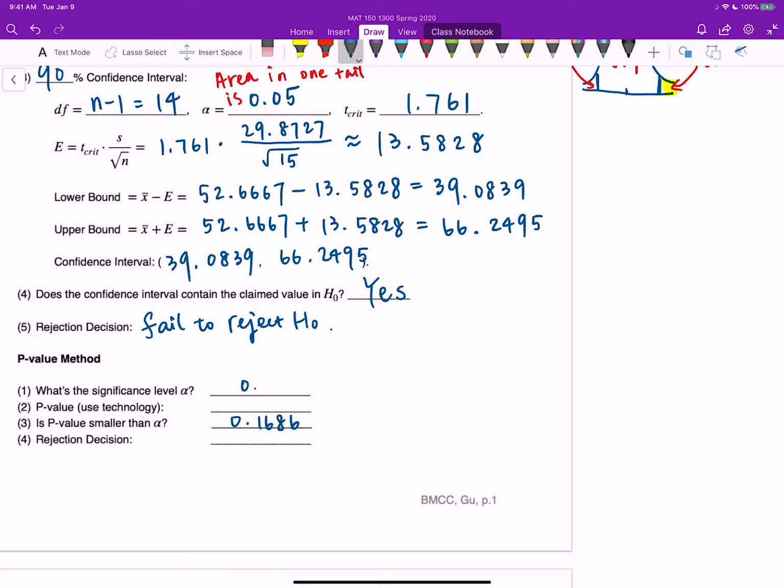The significance level alpha is 0.05. P-value is 0.1686, and apparently p-value is not smaller than alpha because 0.1686 is not less than 0.05. Therefore, same conclusion, we fail to reject H0. If your p-value is less than alpha, then your decision will be reject null hypothesis.